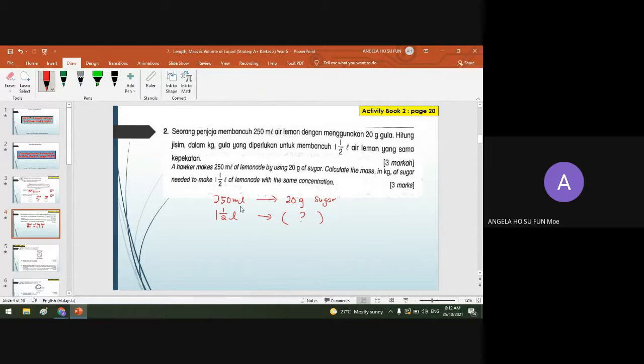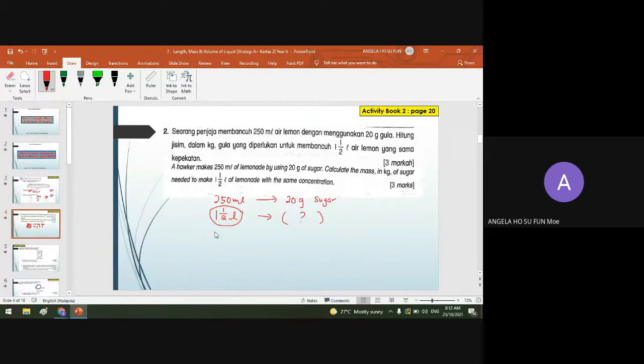First of all, you see this ml and liter are not the same. So change the liter into ml. If I were you, I would change this one. You know already, half liter is 500 ml, so 1 liter is 1,000.